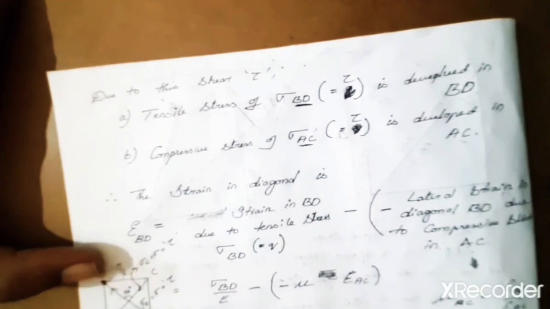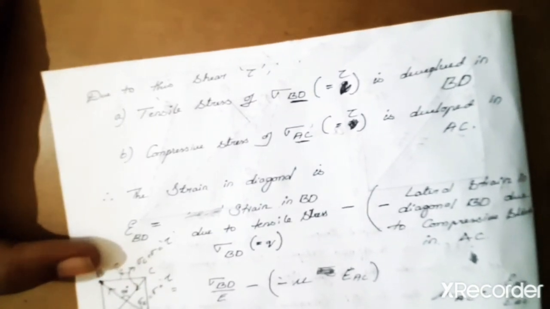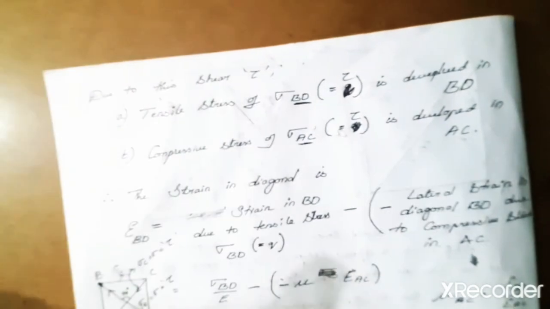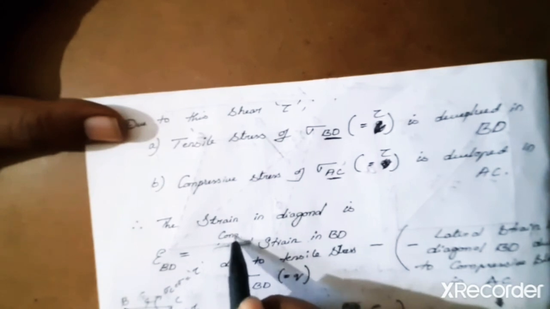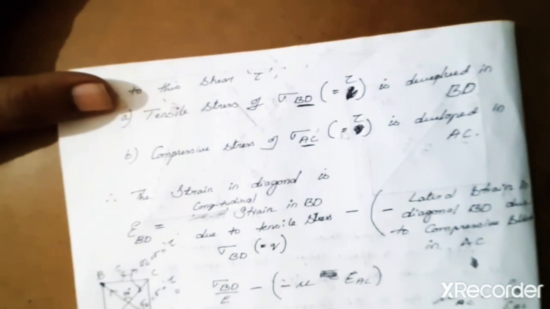So the net strain in diagonal BD will be equal to the longitudinal strain in BD due to the tensile force acting.